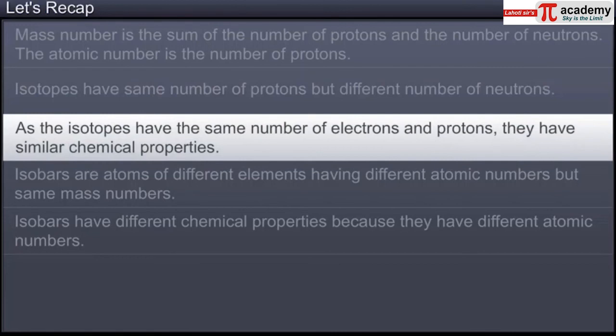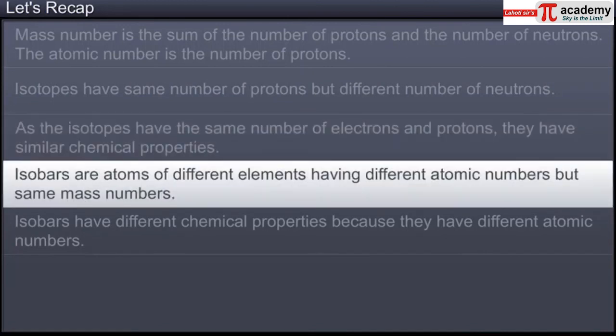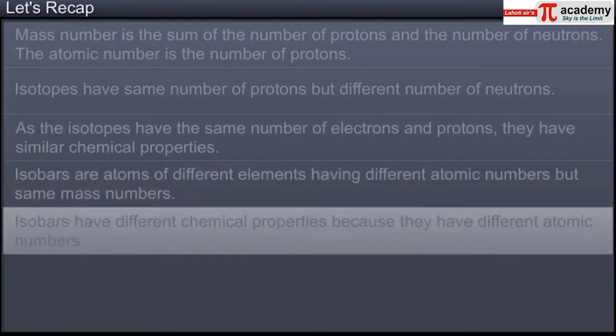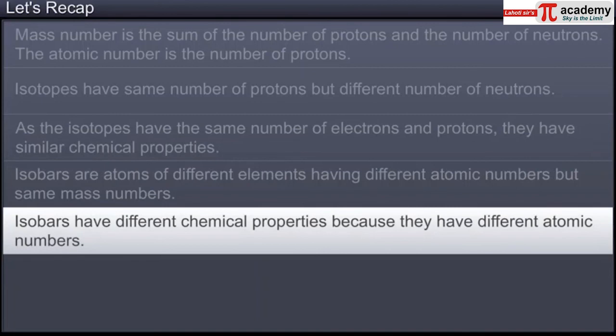As the isotopes have the same number of electrons and protons, they have similar chemical properties. Isobars are atoms of different elements having different atomic numbers but the same mass numbers. Isobars have different chemical properties because they have different atomic numbers.